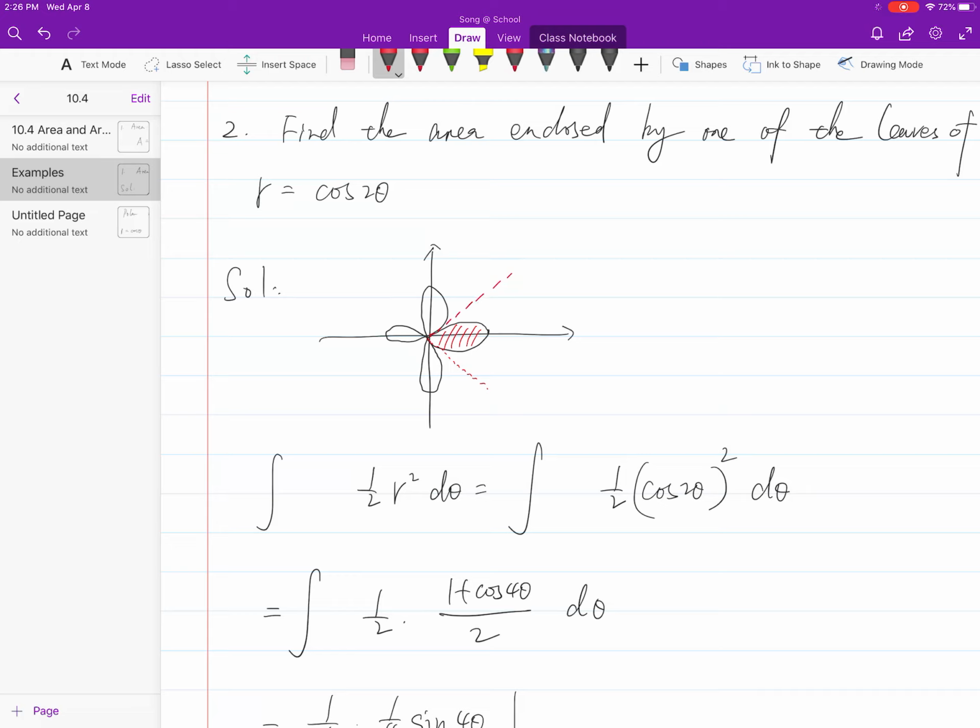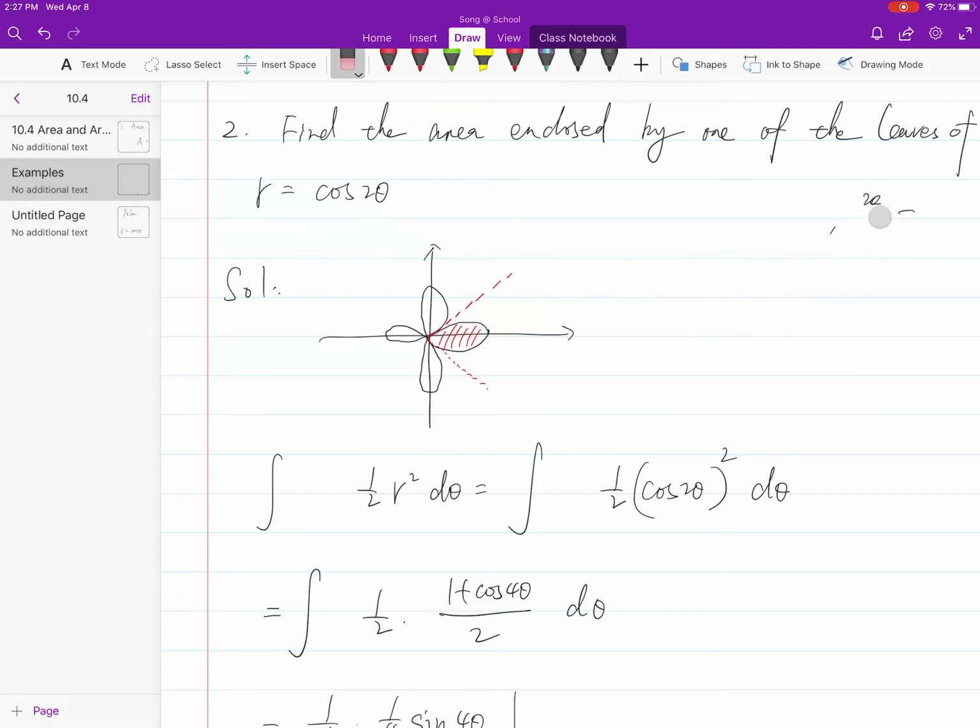Sounds good? So what you need to do is, from here you can kind of see, you need to know how we generated this graph. You have to do things in exactly the order. To draw the first leaf, you go from here to here. And if you recall what we did last time, that corresponds to theta equals pi over 4 when you finish this. Okay, that corresponding to your cosine 2 theta actually already reached the pi over 2, which gives you 0 radius.